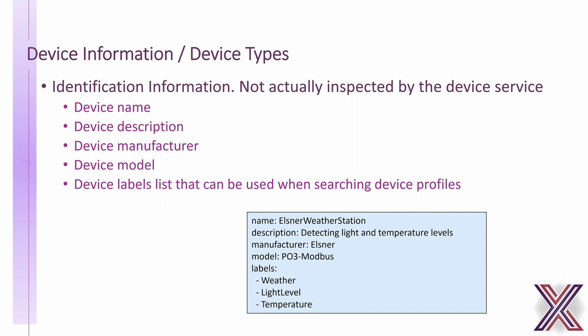So the EdgeX API provides a mechanism where you can filter device profiles against given labels. So it's a way to look up and filter those device profiles. There's an example on the screen, for example, an Elsner weather station, which can detect light and temperature levels. So we give it the model name, the manufacturer, and any labels we'd like to assign. So that's pretty straightforward.